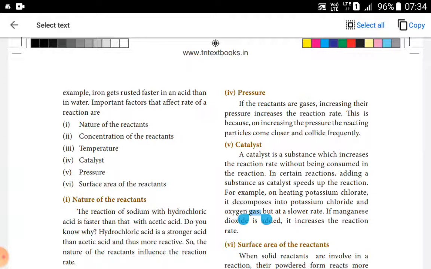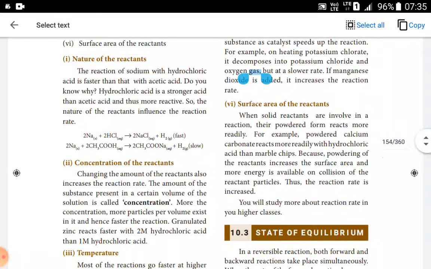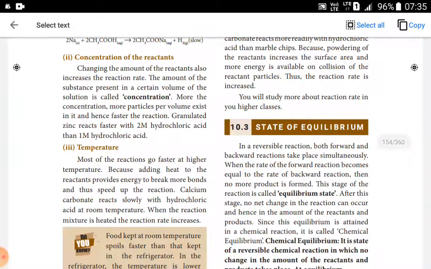Then concentration. Normally, less concentrated reactants produce the product at a slower rate. Suppose the reactants are concentrated, then the rate of reaction is faster. Then temperature is one of the important factors which alter the rate of the reaction. When temperature increases, the rate of the reaction also increases.